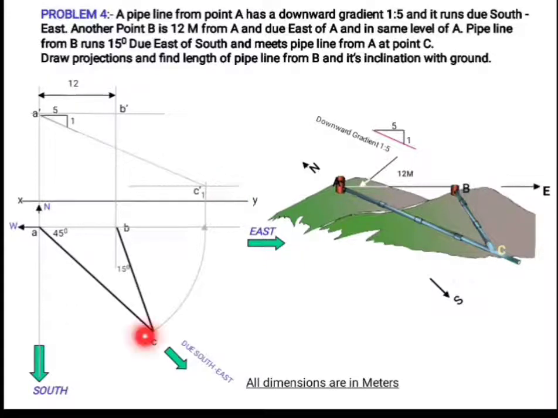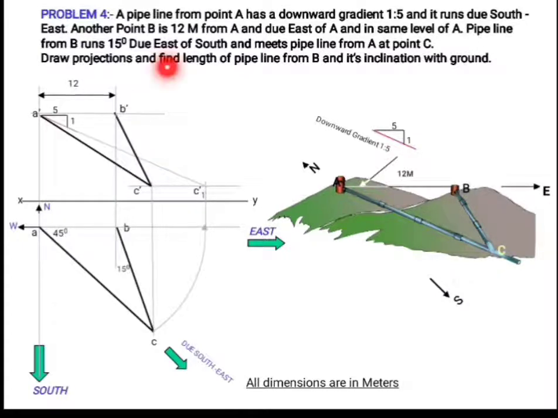So this point C and C dash will be on the same vertical projector. So I am marking a vertical projector through C to get the intersecting point on this locus line, which will be C dash. Now I can join A dash C dash, which will be the elevation of pipeline AC, and if I join B dash C dash, that will be the elevation of pipeline BC.